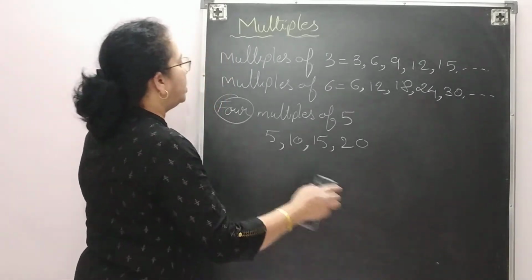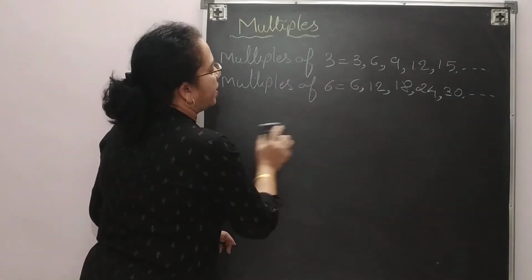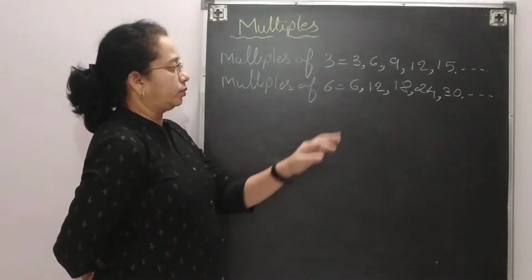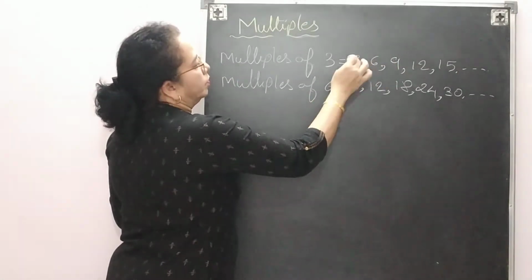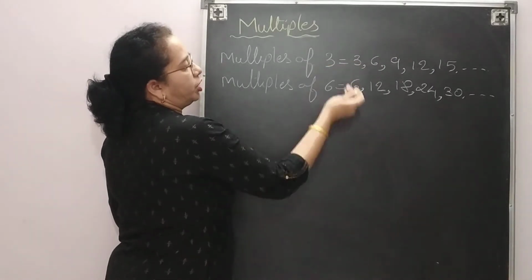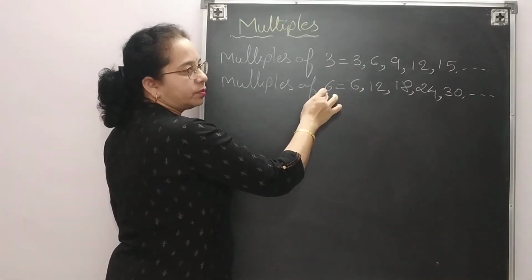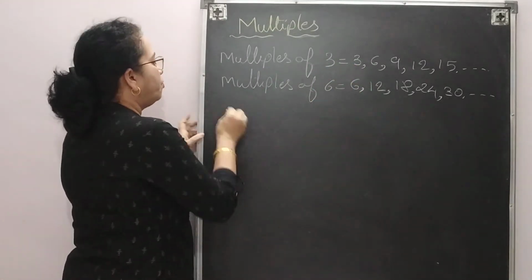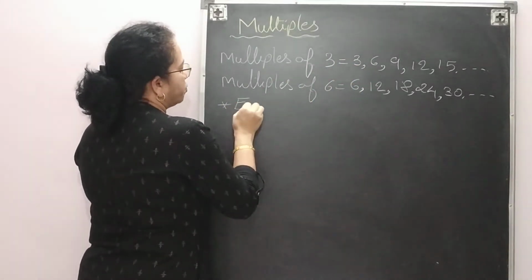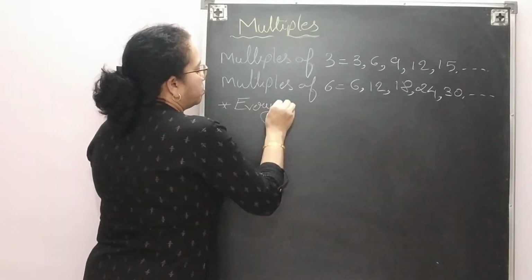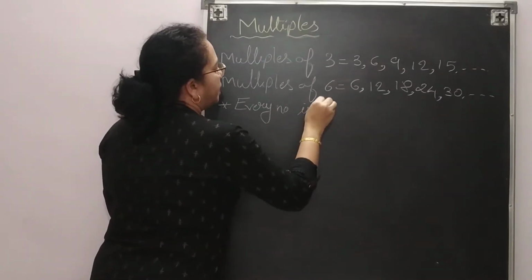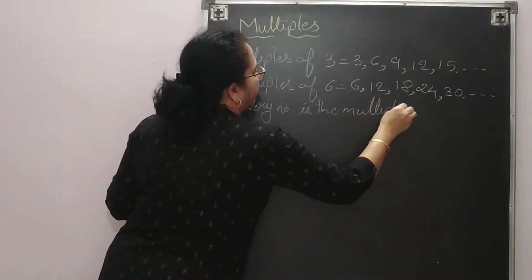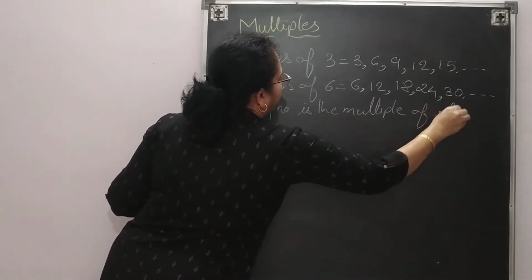Okay. So with this example, we can explain many properties. Which is the first one? 3 is the multiple of 3, 6 is the multiple of 6. What does it mean? Every number is the multiple of itself. The first one is every number is the multiple of itself.